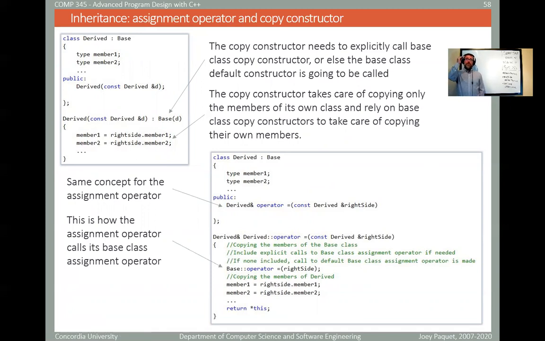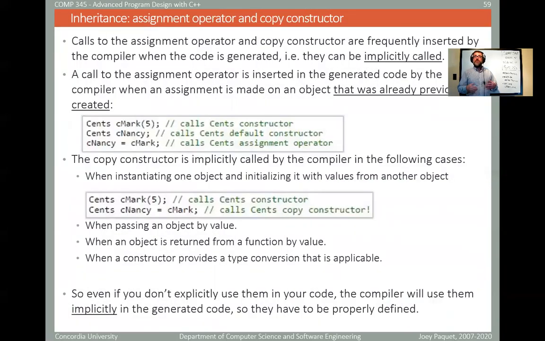I go over the list of all the members I have, take the value in the source, and put it in the target. That's what is called a shallow copy. That's what your default copy constructor and assignment operators would be doing.